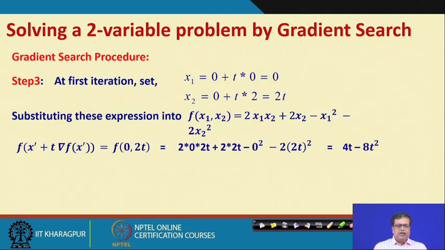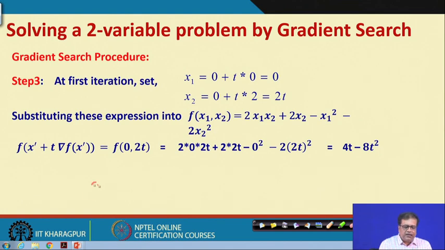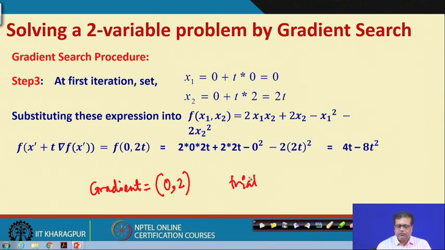Now, what do we do with this gradient? Look here, this is our x1 and x2. Please recall, our gradient was 0 2, so 0 for x1 and 2 for x2. The point we started with, the trial solution, is 0 0.